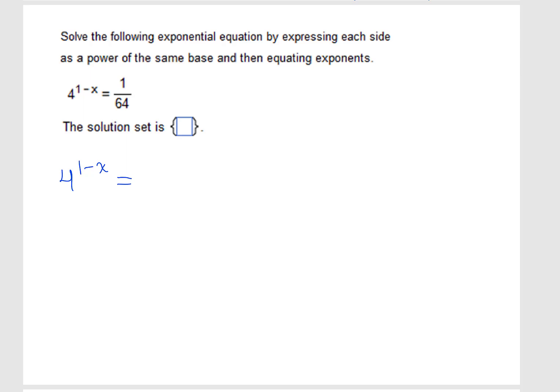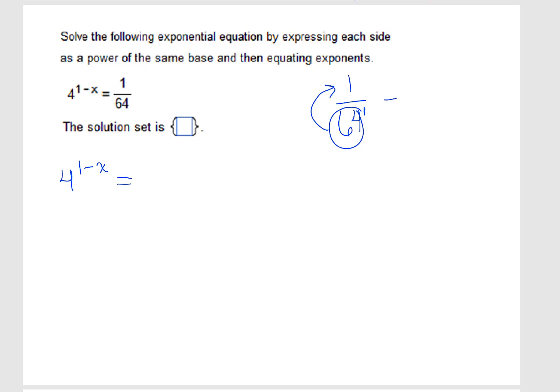And before I do anything else, I'm going to go ahead and take 64 and bring it up to the numerator. So let's recall, if I have 1 over 64, the exponent on 64 is 1. Yes? I need to move this base up to the numerator.